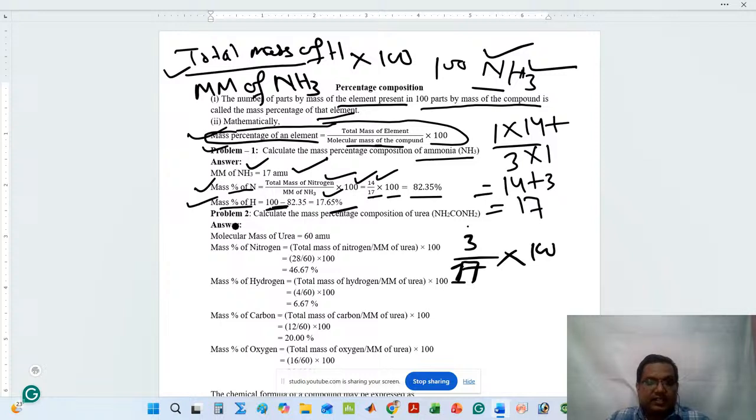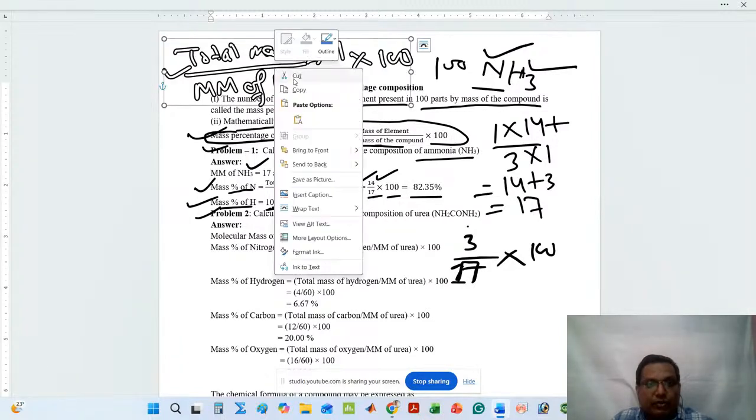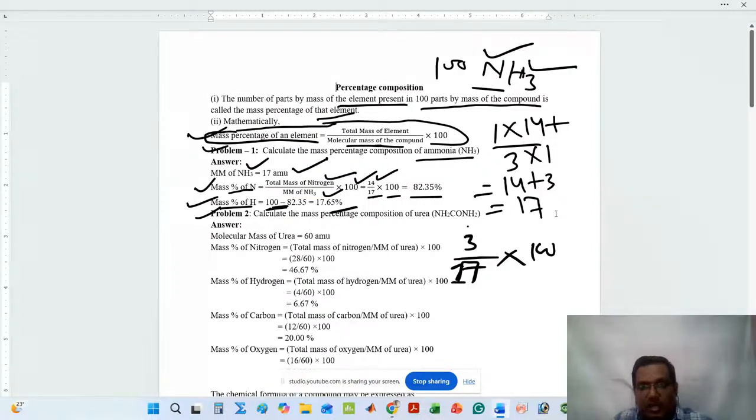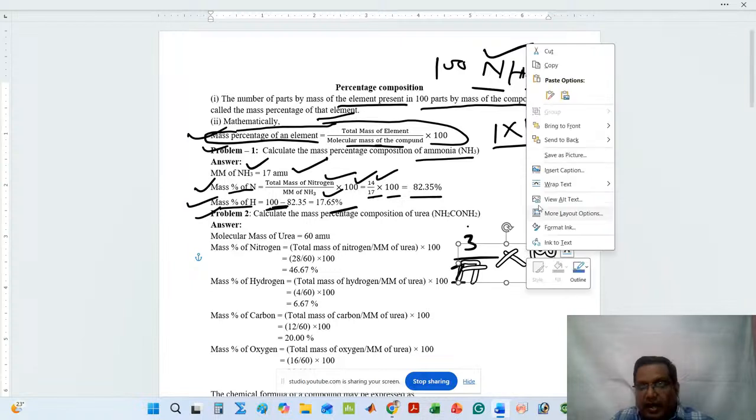Next, take another example. Suppose I take problem number 2. Calculate the mass percentage of urea. The formula of urea, you know, is NH2 CO NH2.